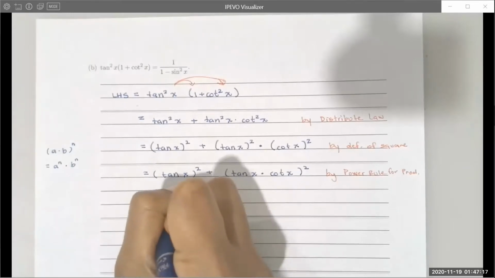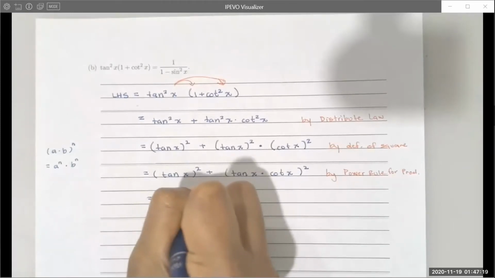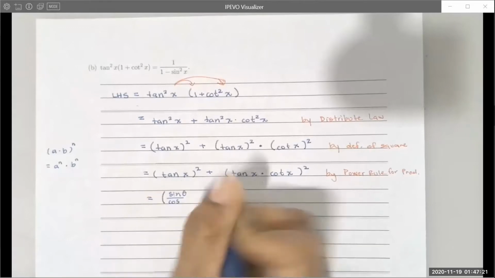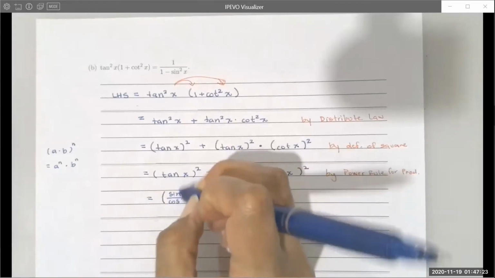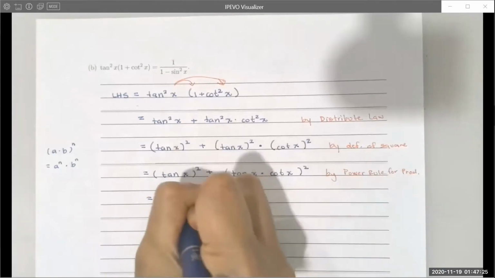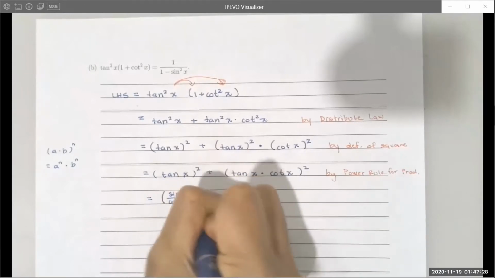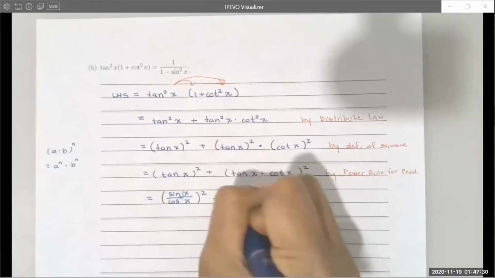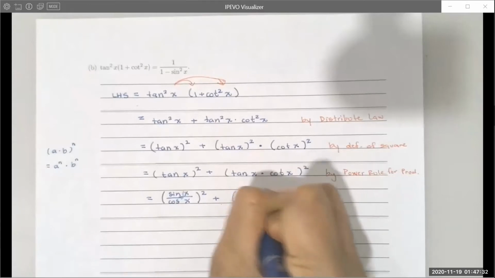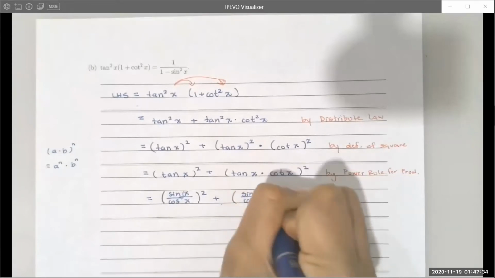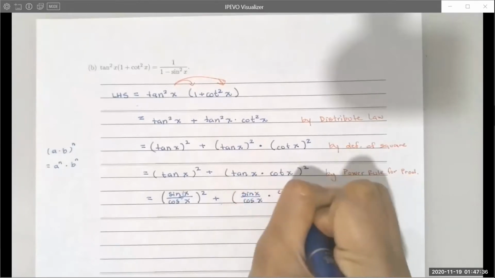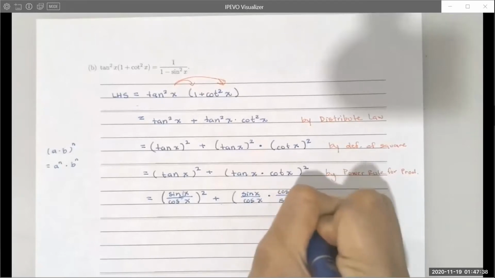We're going to have sine theta over cosine theta. Oh, and I'll be careful here. This should be variable x. Okay, so sine x over cosine x squared plus sine x over cosine x times cosine x over sine x.